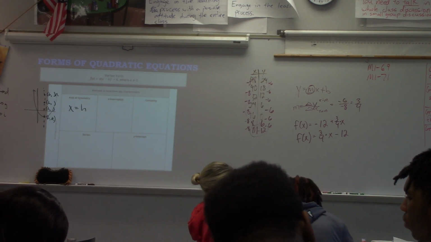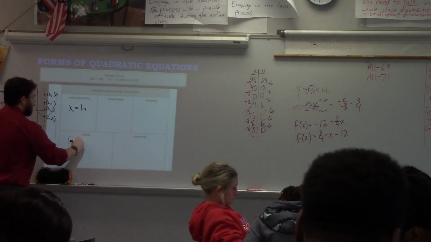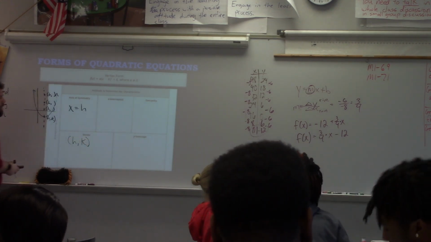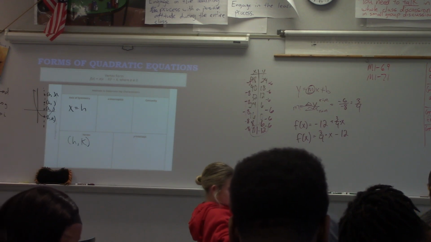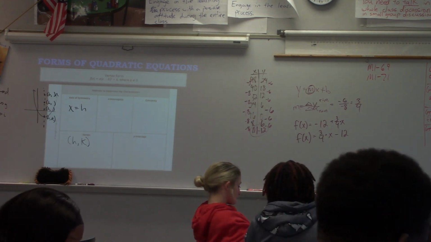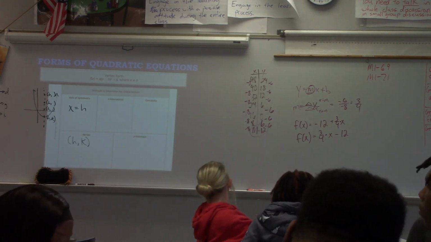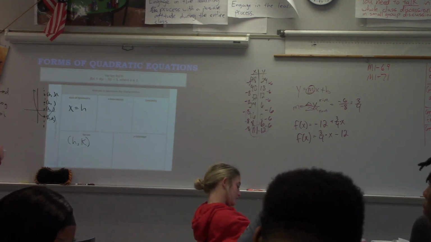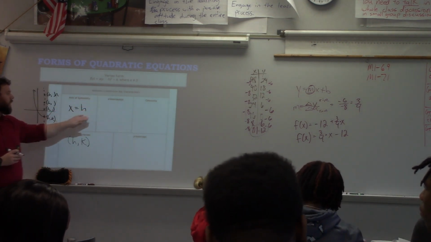Okay, vertex then, what is it? H comma k. By the way, is there anything special I need to remember about h or k? Say again. Say it louder. Yes, but there's something special about one of those two that I need to remember when identifying them here.